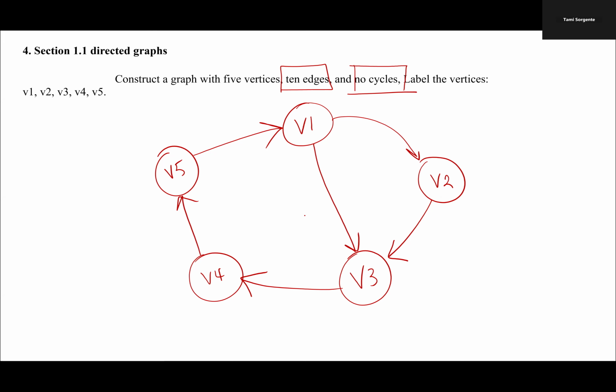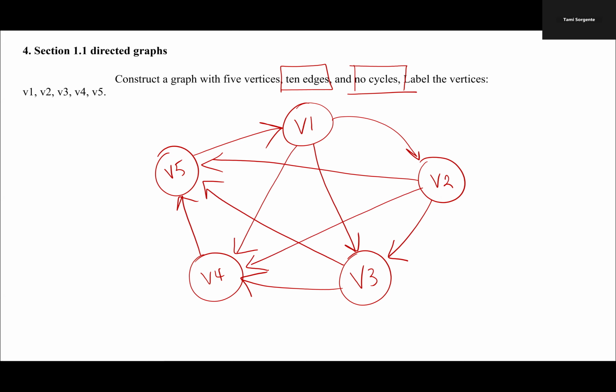So now I have 6, 7, 8, and if I go from here, 9, that's going to work. And if I go from here to here, that's going to work.